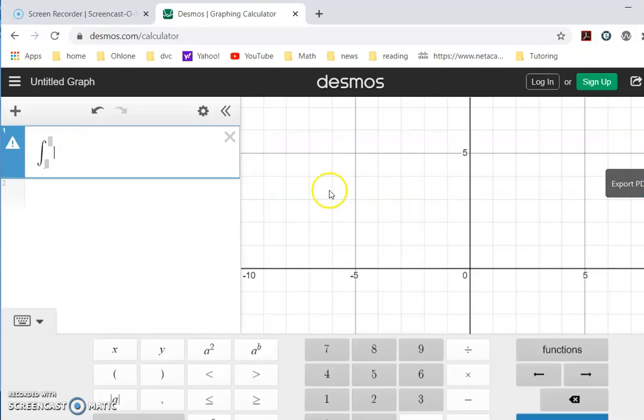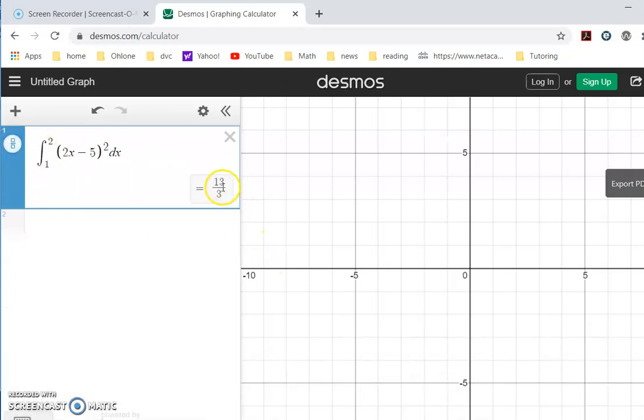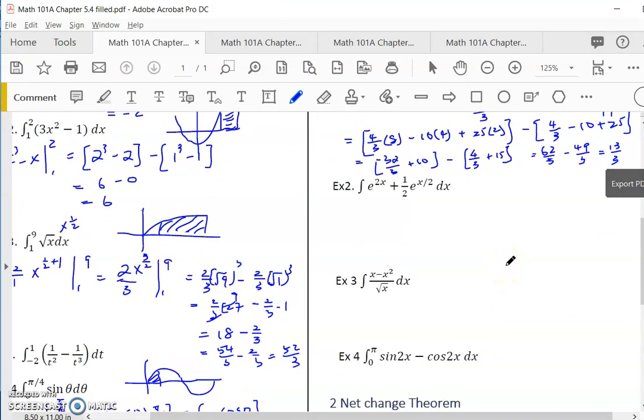Our integral is 1 to 2, right? So it's a definite integral, only for definite integral. 1 to 2, and it's 2x minus 5 squared dx. Okay, so this is the answer. 13 over 3, so you can check your answer like that. Okay, use decimal. The graphing calculator has a similar thing called FNINT.